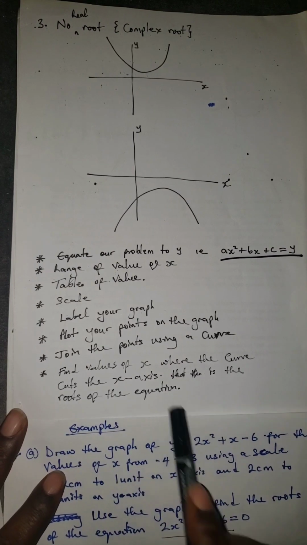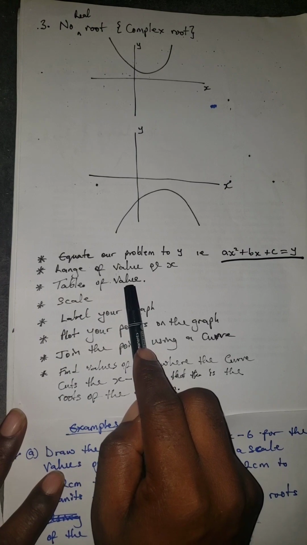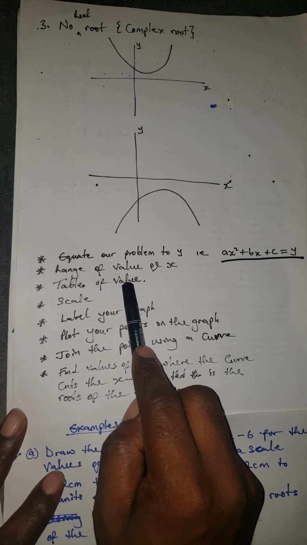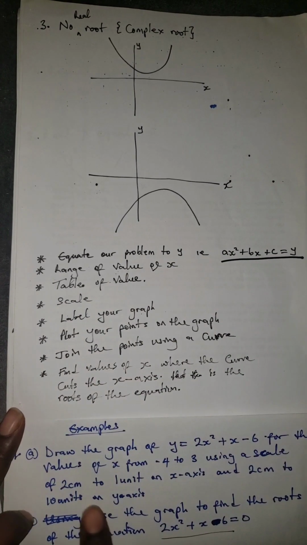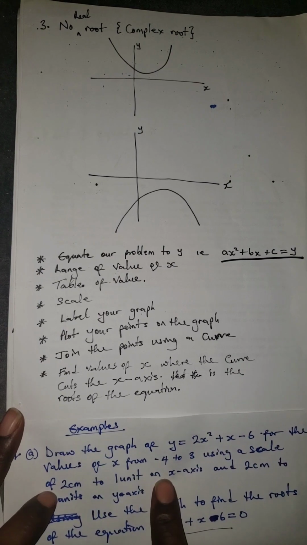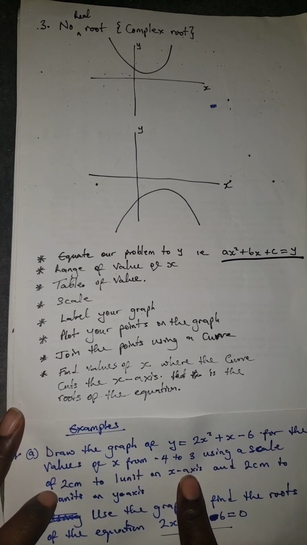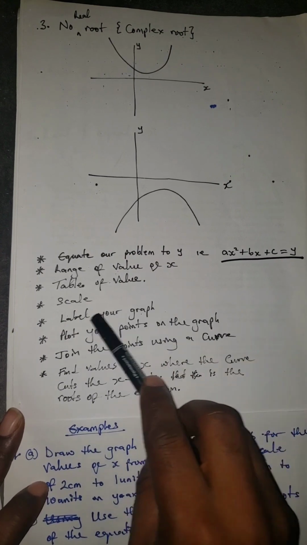You use that range to consult the table of values to get your table of values. When you get your table of values, we are supposed to get our scale from it, but we are so lucky that the scales are given to us for the x and y axes. So with that now, we use it and label our graph.